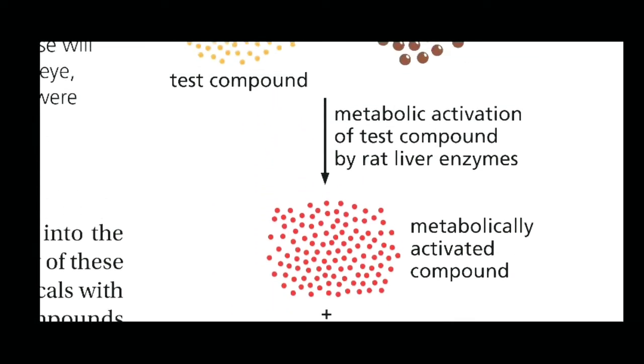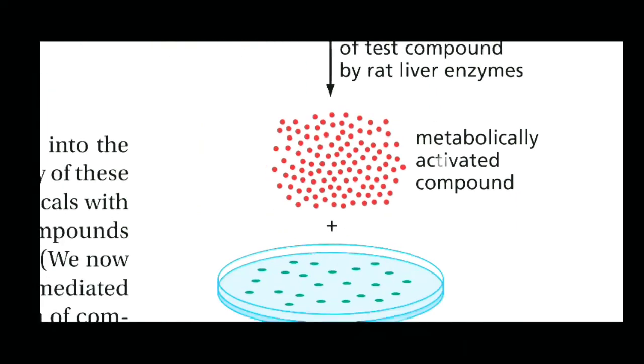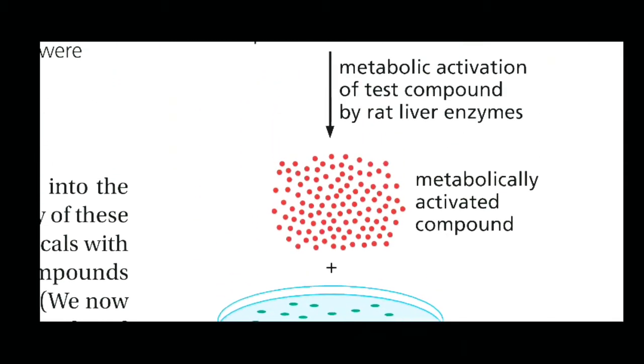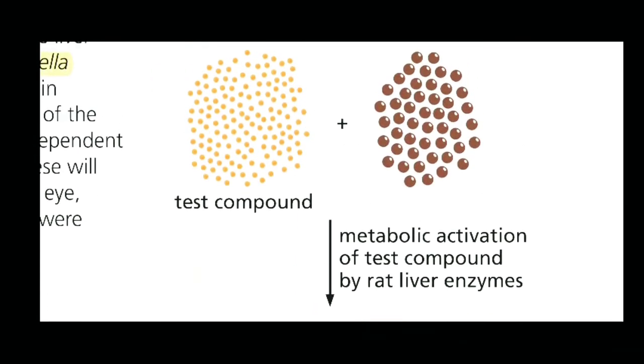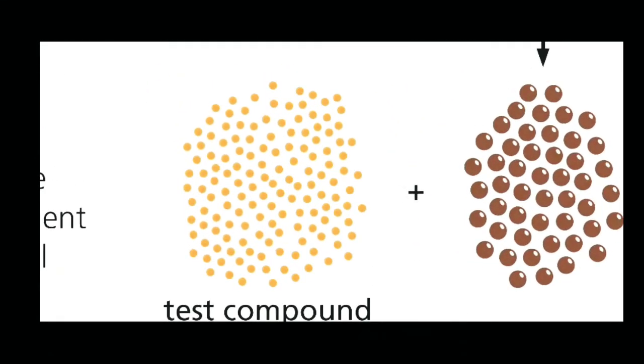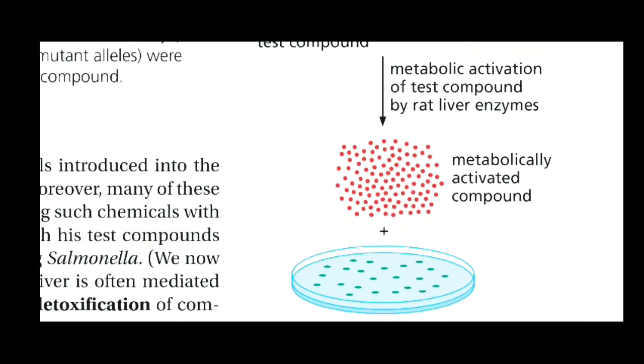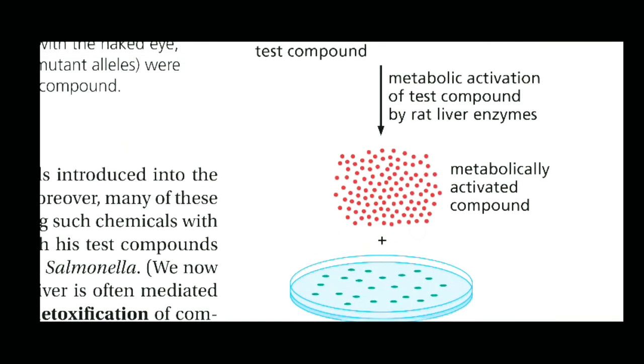Those bacteria which undergo mutation will be able to colonize on the plate, and this is possible because of this compound, which is a mutagenic compound. If this is not a mutagenic compound, then it will not cause any mutation.